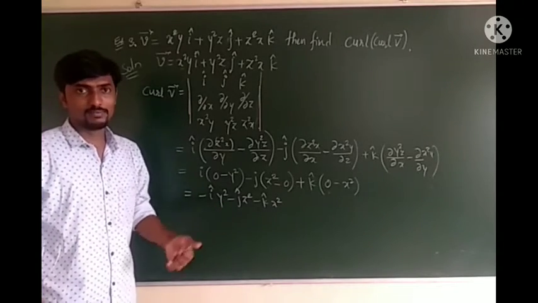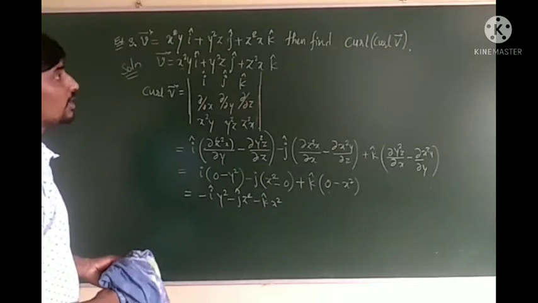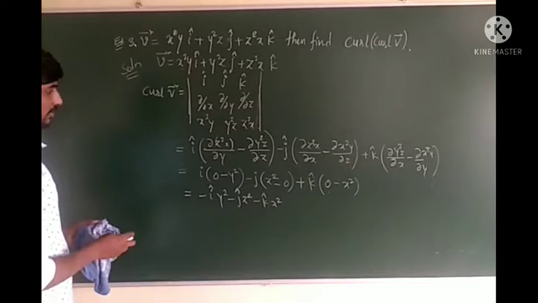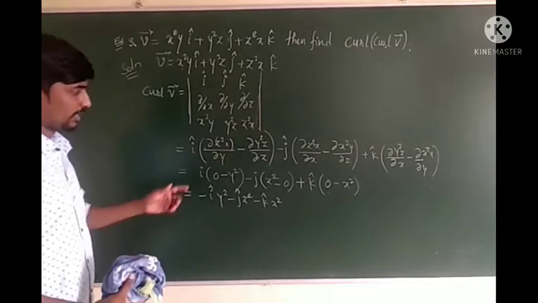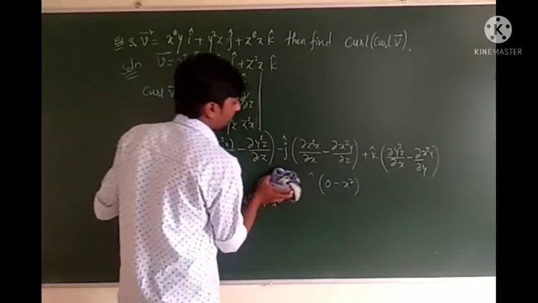Now we have to write the value of curl v again. I hope you have written all these things, so write them down by pausing the video. I will rub off some values.